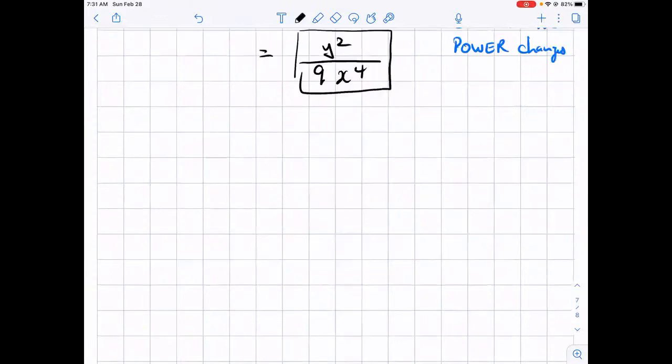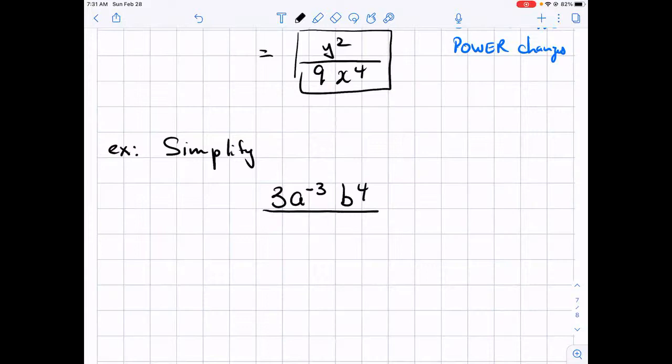So let's look at one more example, and then we'll get into square roots or roots. So simplify. How about if we have 3a to the minus 3 b to the fourth over 15a b to the minus 1, and all of this raised to the second power.